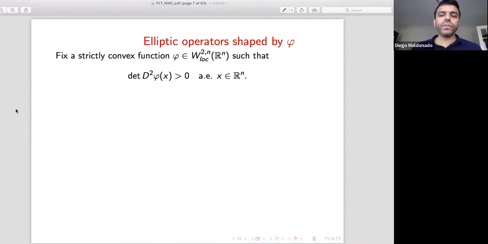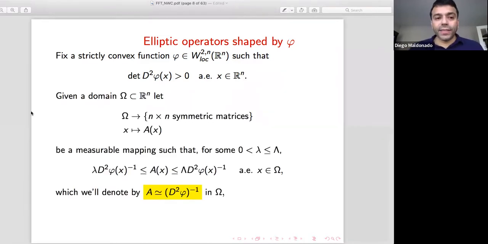Now, given the domain omega, we're going to think of a measurable mapping that to each x in omega associates an n by n symmetric matrix. So A of x is an n by n symmetric matrix. How does this matrix relate to phi?